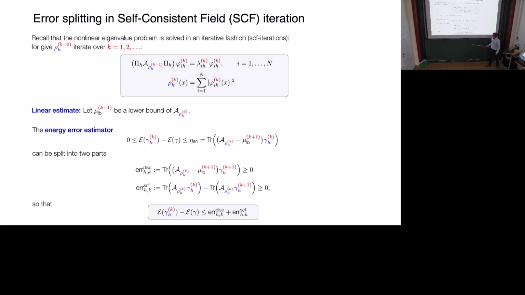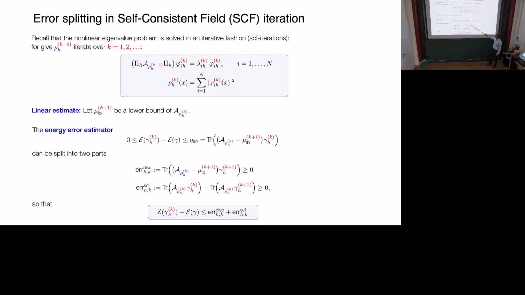Then, this is just what I told you before. The error in the energy can be bounded by this guy, whereas this is now a lower bound of the sum of eigenvalues of this operator that is linearized at the kth iteration. Now with this you can even split it in two parts.